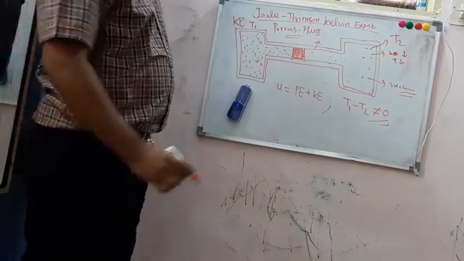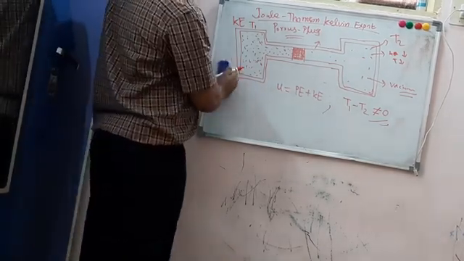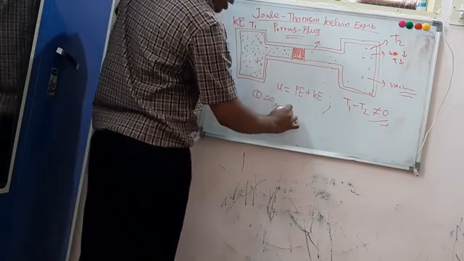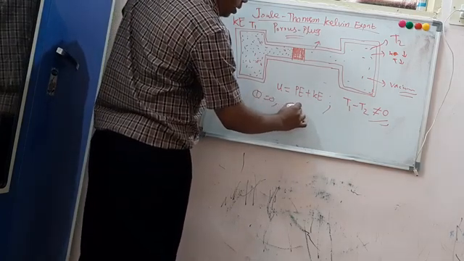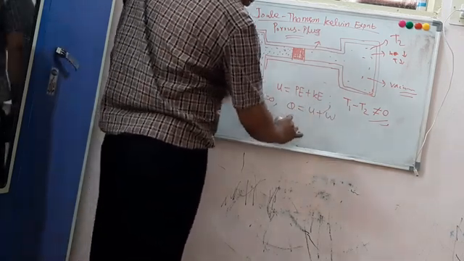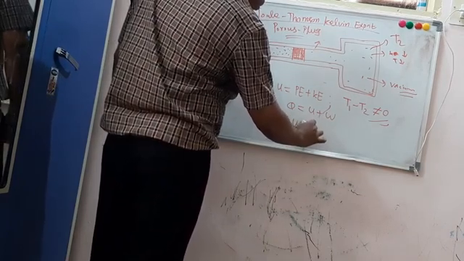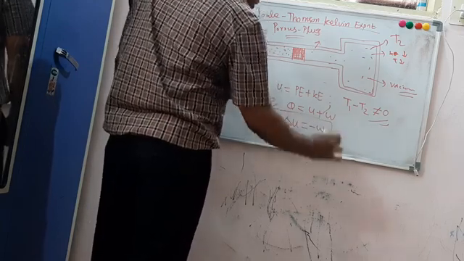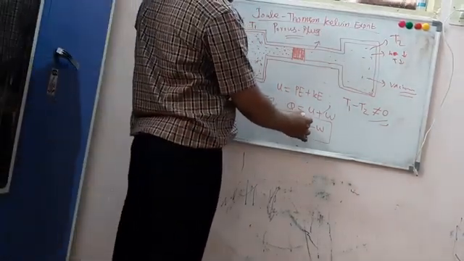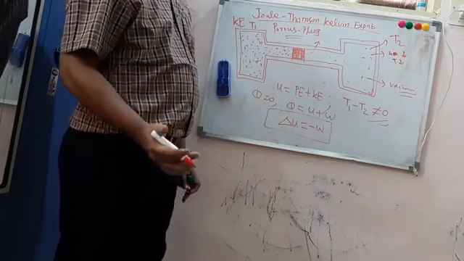The reason is it loses some of its internal energy. According to the first law of thermodynamics, when Q equals 0, Q is equal to change in U plus work, so change in internal energy is equal to minus W. Negative of work is done here.